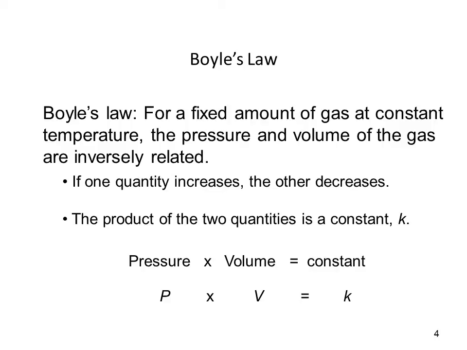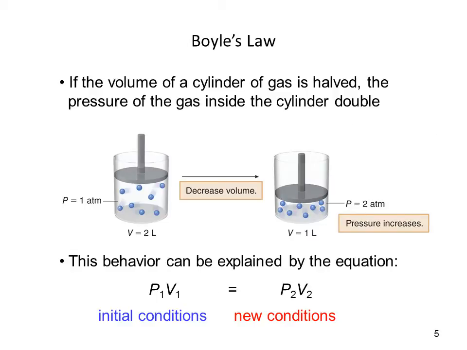There are several gas laws that we're going to look at. The first one is Boyle's law, and Boyle's law can be summarized very easily by saying that pressure and volume are inversely proportional to each other. We can write it as P times V is equal to K. And we can write it this way, which is P1 times V1 is equal to P2 times V2.